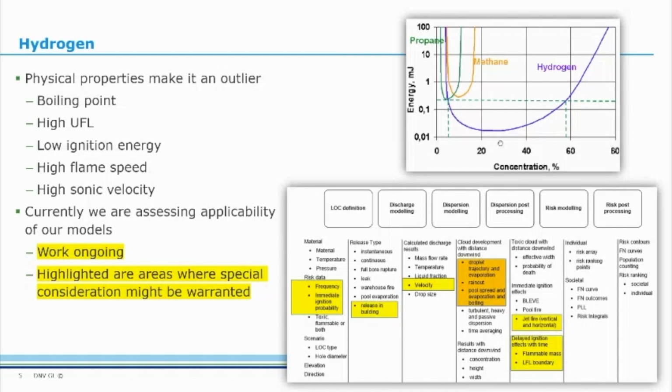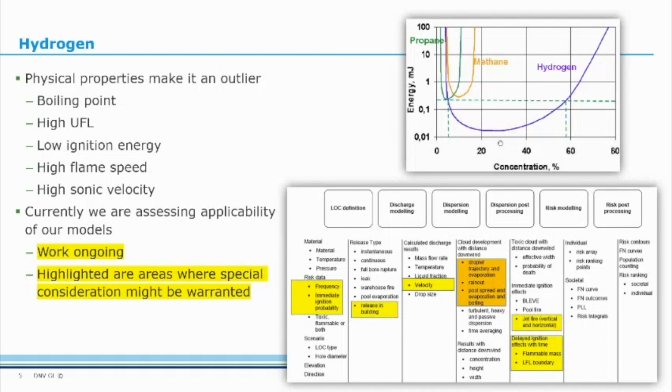The next block there, releases in buildings. Hydrogen is obviously very buoyant. What's it going to do in a building, and are our in-building models applicable? It has this really extreme velocity, so is that going to affect the discharge modeling?